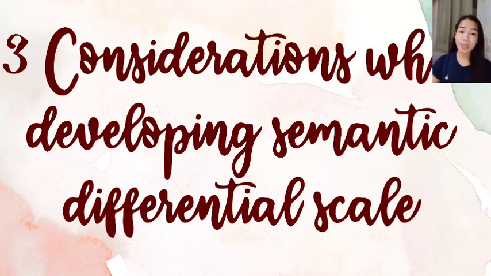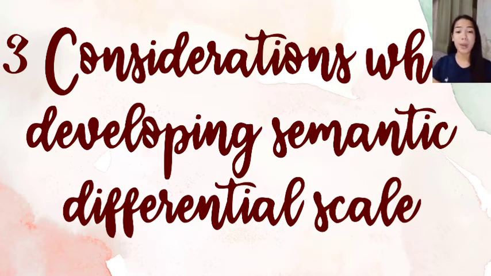Usually, the position marked 0 serves as the neutral, which is found at the center, in the middle of the two opposite adjectives, with 1 as slightly, 2 as quite, and 3 as extremely.